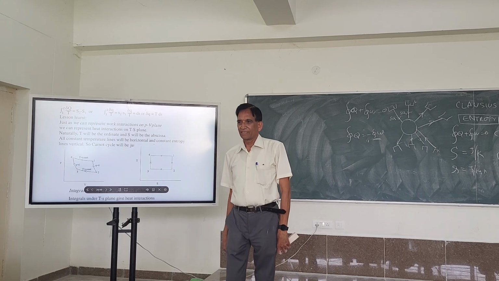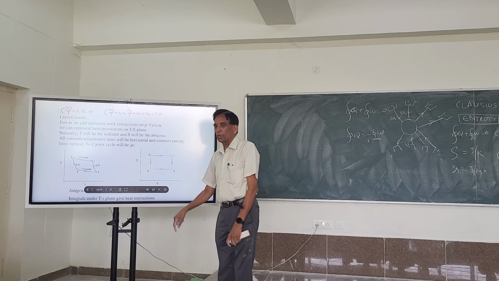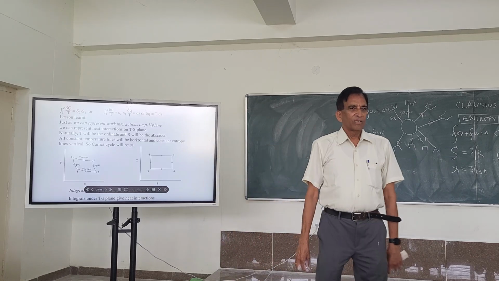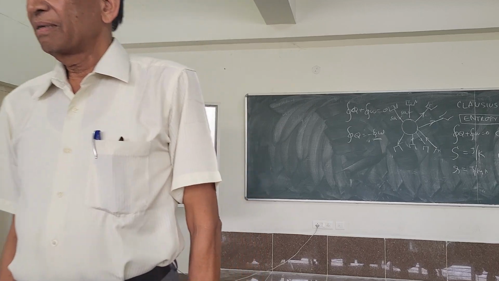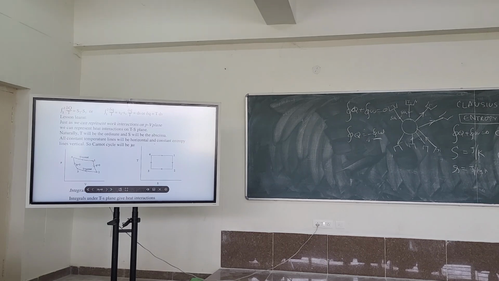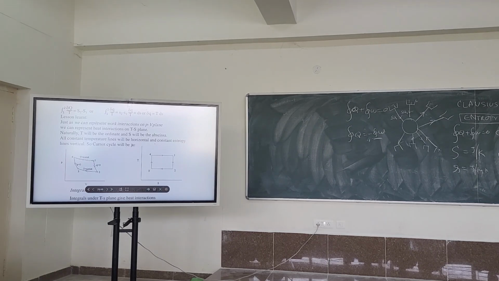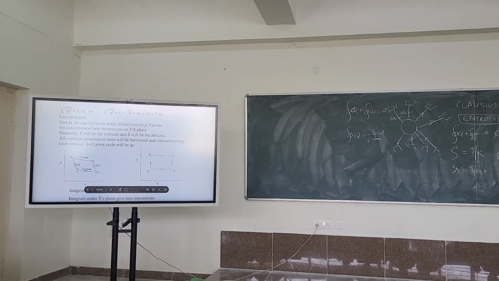What is the width of that? S1 minus S4. The height here is T1 and here T2, so the height is T1 minus T2. So what is the area?